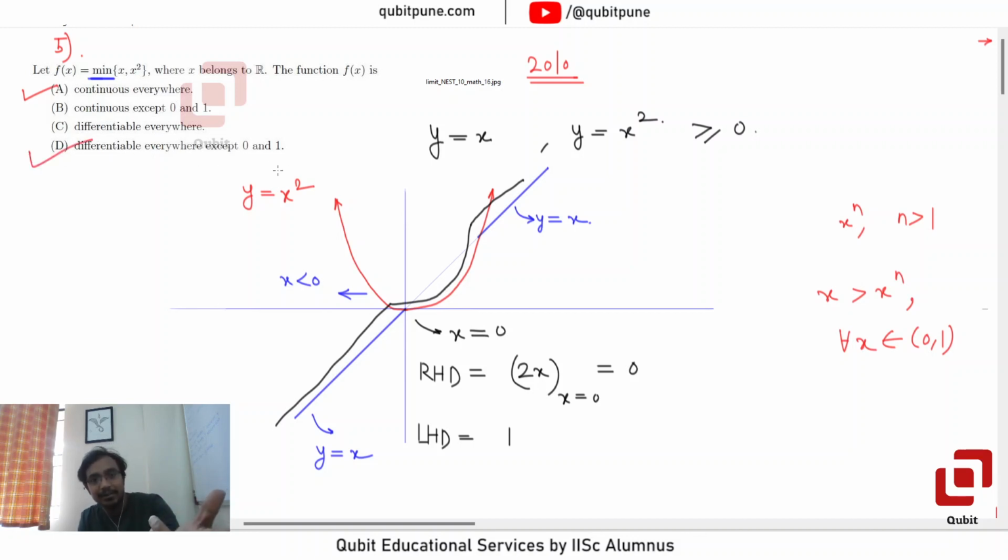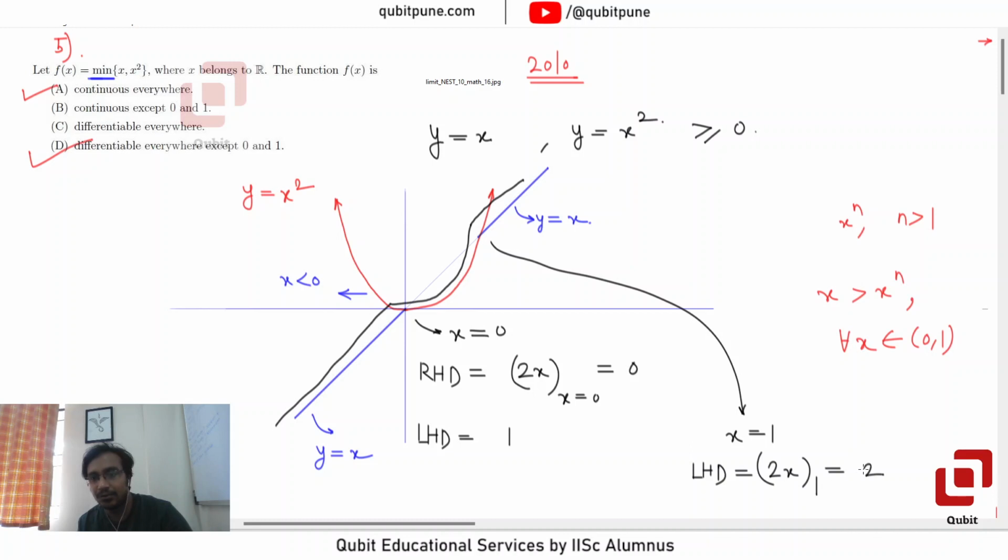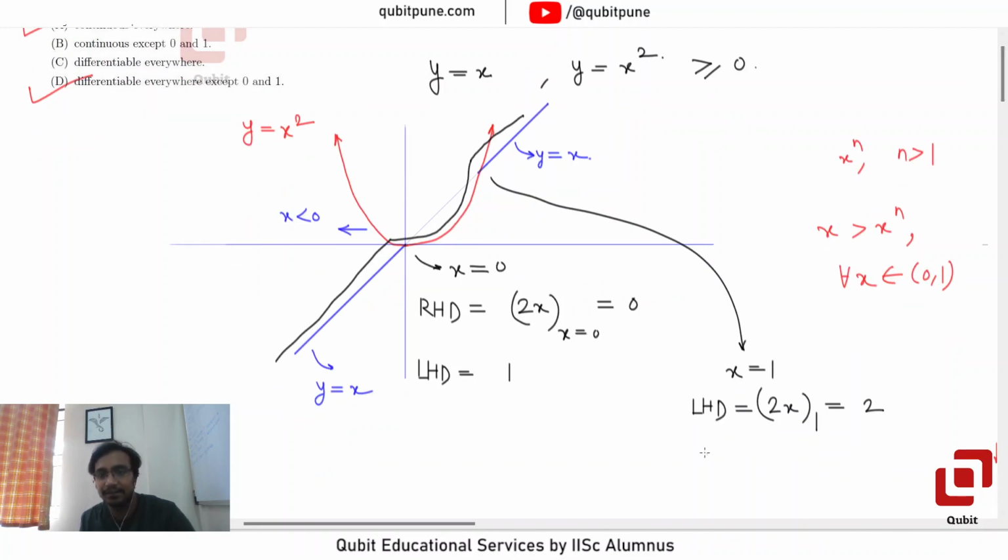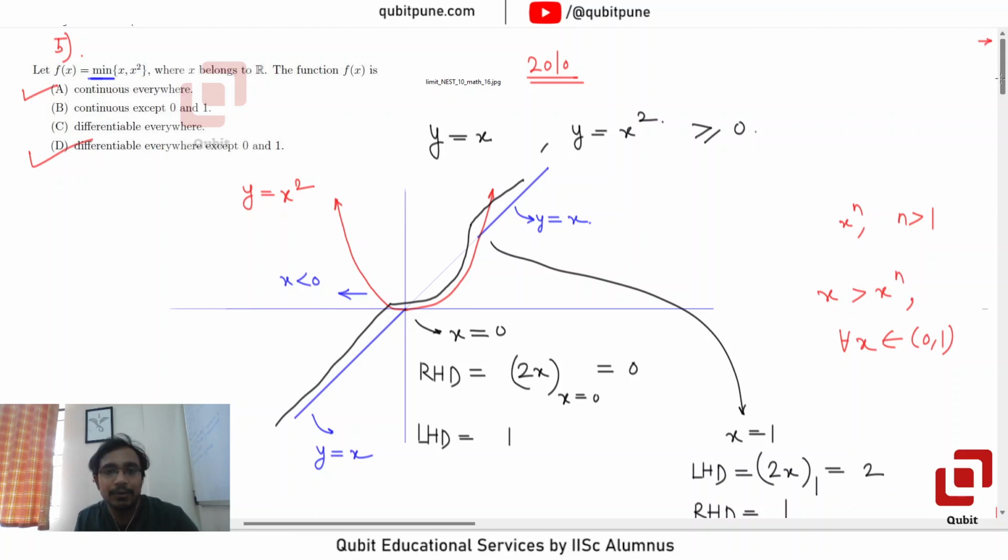Why is it not differentiable at 1? Again same logic. At this point where x is 1, what is the left hand derivative? It is 2x at 1, that's 2. But what is the right hand derivative? 1. Are they equal? No, they are not equal. So it's not differentiable at 0 and 1. Everywhere else it is differentiable.